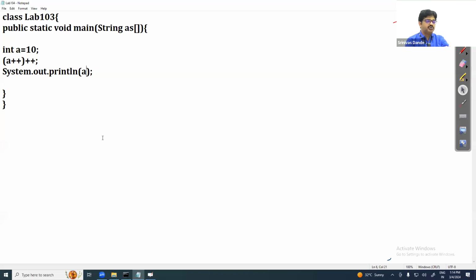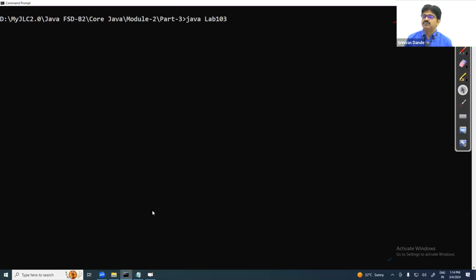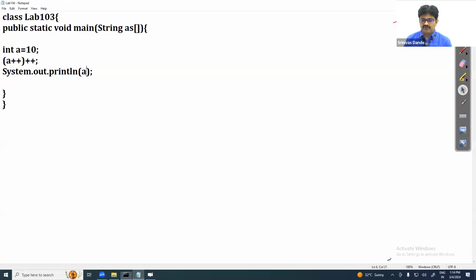Pavitra's answer, Samir 12, 12, 12, 12, 12. Hari is telling error, Naveen is telling 12, Pankaj 12. Okay. You told like that. I will ask the compiler then. What the compiler will tell, we'll see. I think this is 104, guys.